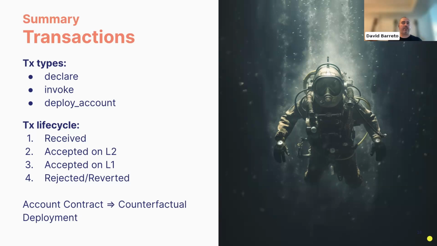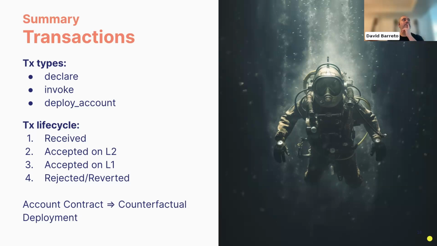The transaction lifecycle: you have received, when the mempool becomes aware of it, saying, hey, I received the transaction. Accepted on L2 is when it's actually executed in the Cairo VM, so Starknet will know the outcome of that execution. Accepted on L1 is when the associated validity proof gets accepted on layer 1 on Ethereum. And then it could be rejected.